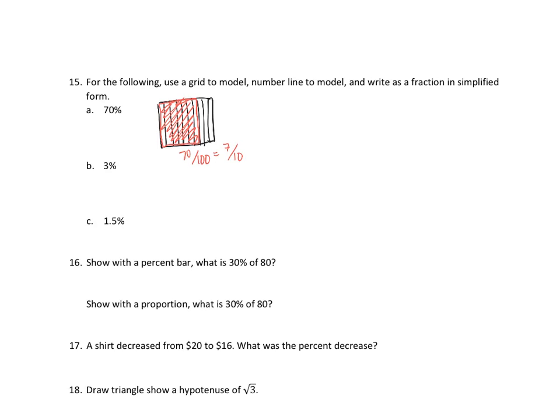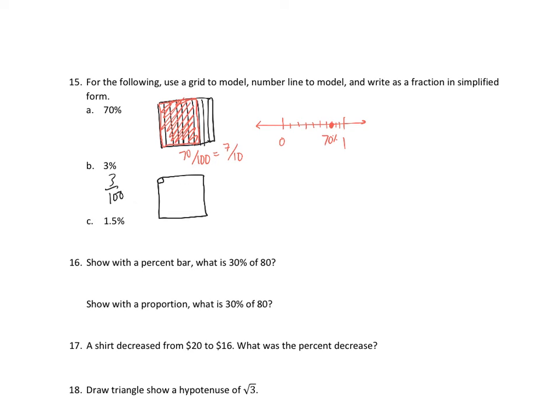So really, as a fraction, that's 70 out of 100, which is 7 of the tenths. And so on the number line, here's from 0 to 1, and we can do it as tenths. We don't have to see it as hundredths. So there's 2, 3, 4, 5, 6, 7, 8, 9. Pretend they're all equal. And so 7 tenths would be right about there. That's where 70% should be. Now 3% on the 100 grid, that's 3 out of the 100.